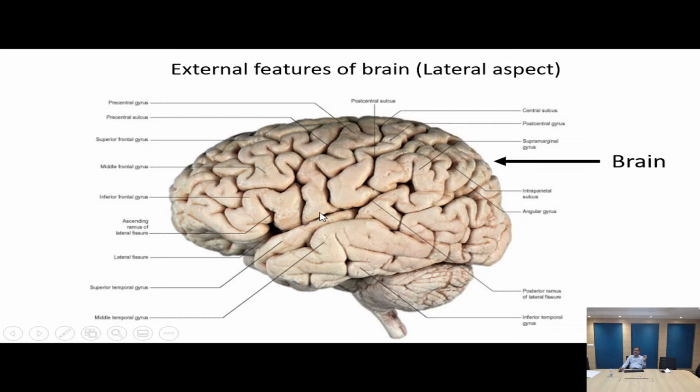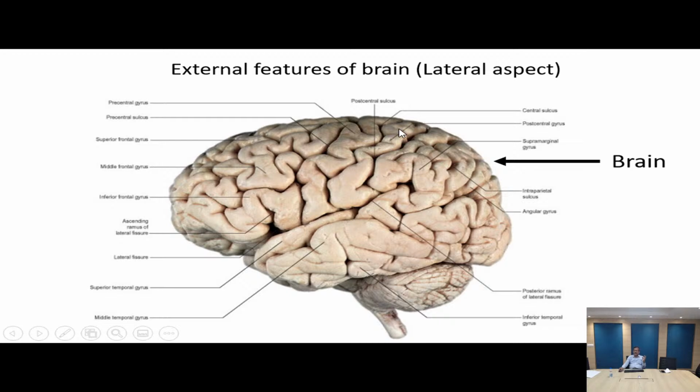If we want to contract any specific group of muscles, then the appropriate part of this motor area is activated, and it sends an impulse through the tract down to the spinal cord, or the cranial nerve, to the muscles, which then contract to bring about the action. So we call this precentral gyrus the primary motor area.